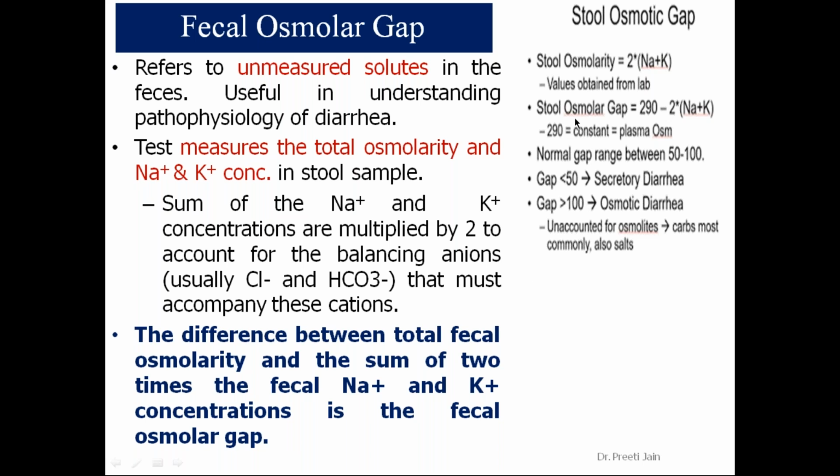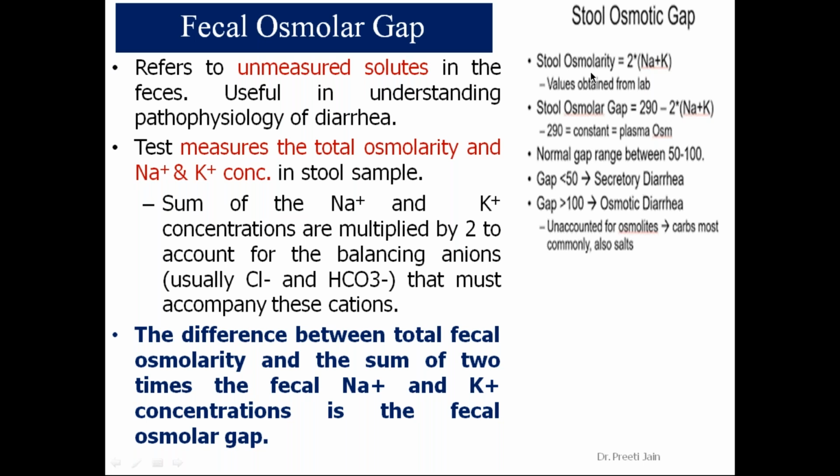Now, what is the stool osmolarity normally? Plasma osmolarity is normally 290, and the stool osmolarity is the same, okay? So the normal gap range should be between 50 to 100. How is the osmolar gap calculated?